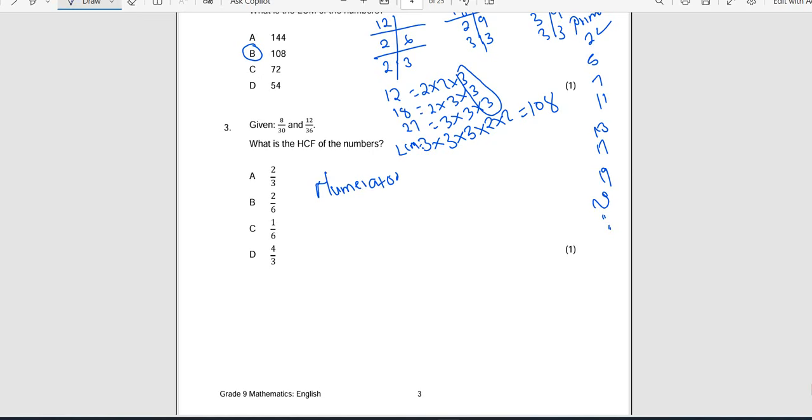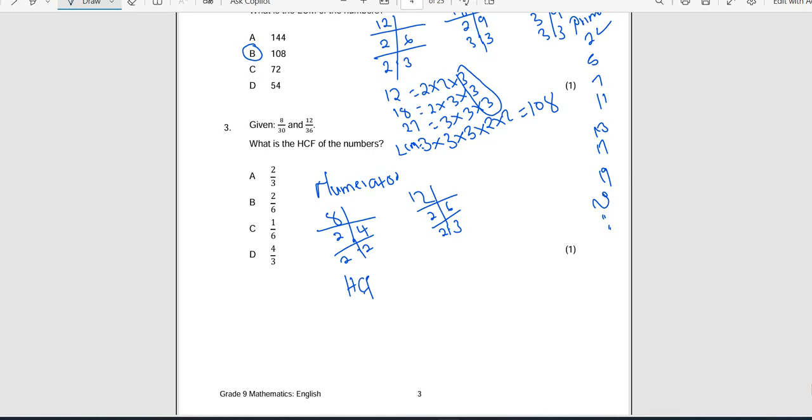For 8, I'll draw. Then there is 8, and then there is 12, and then 2, 4, and then I'll have 2 and 2. For 12, I have 2 and 6, and then I'll have 2 and 3.